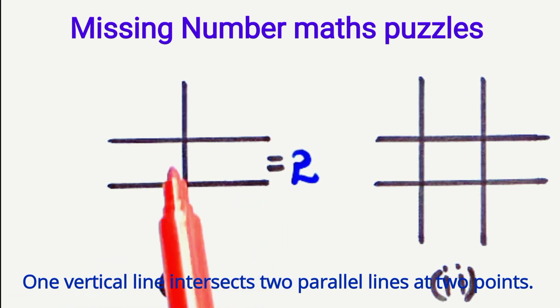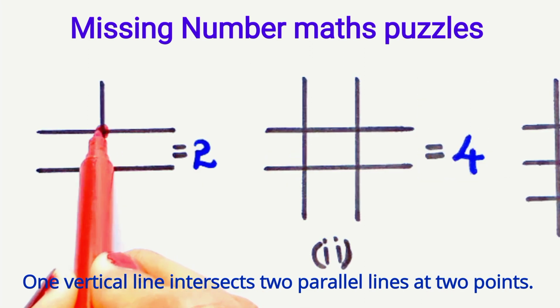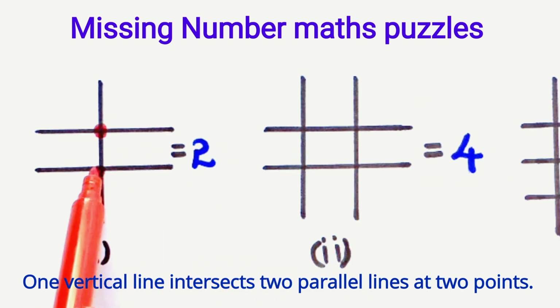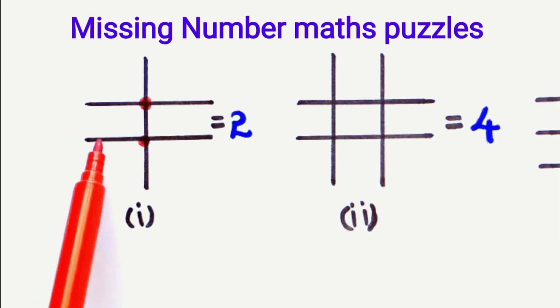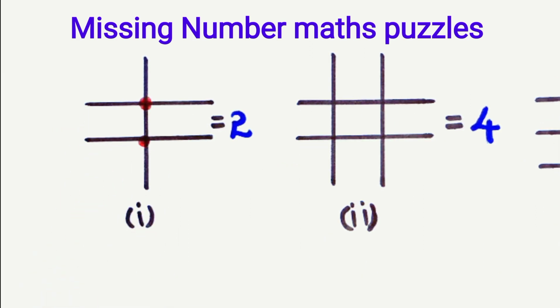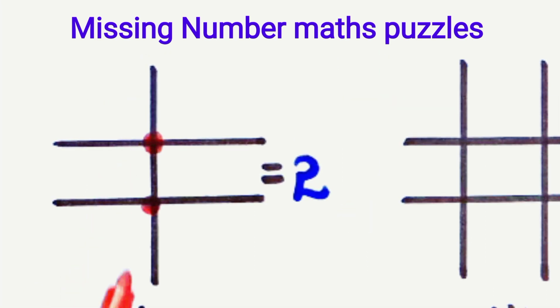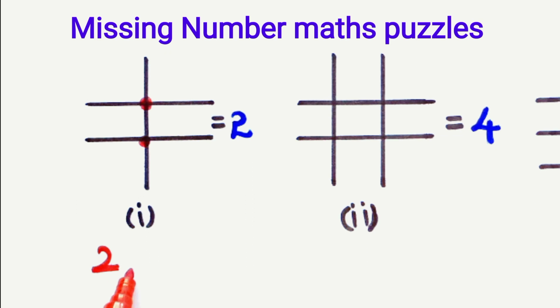What are the 2 points? This is 1 and this is 2. So here, how many parallel lines are there? That's right, there are 2 parallel lines. And how many intersecting lines are there? Yes, there is only one intersecting line.